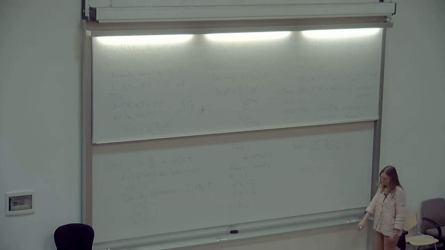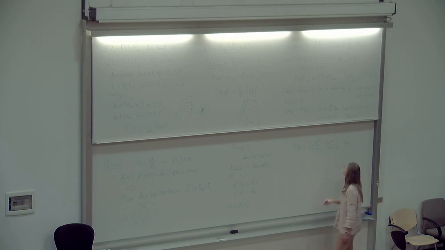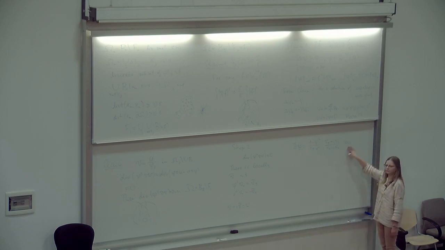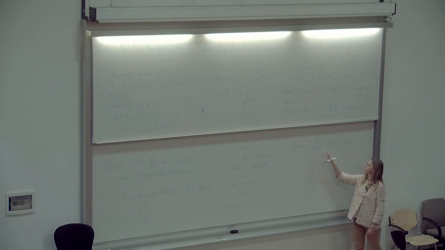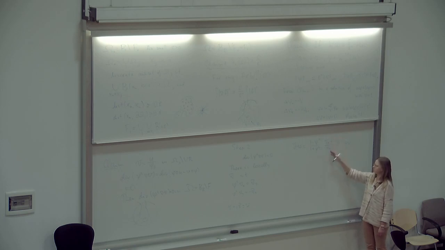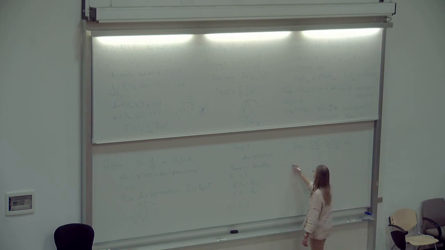So the derivative in z bar of this function is a multiple of the derivative in z. And moreover, if you look at this coefficient, it's less than 1. It is equal to 1 at a point where the gradient of v is equal to 0. So we have this coefficient mu.